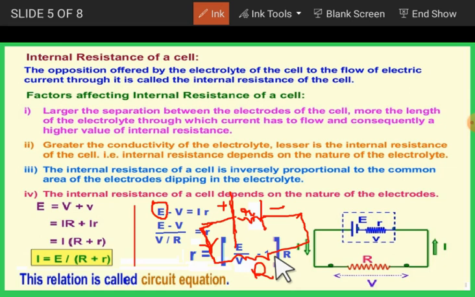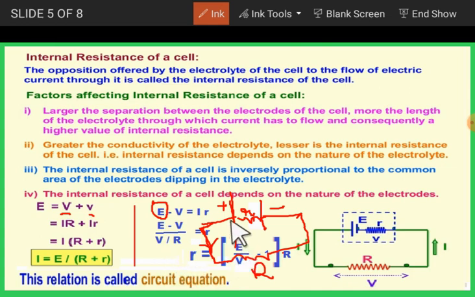So your current will be flowing in this way. The potential difference across this R and the potential difference across this internal resistance, the sum of these two. The potential difference across the cell or across this resistor we will call simply capital V, and the potential difference across this internal resistance r will be denoted by small v.